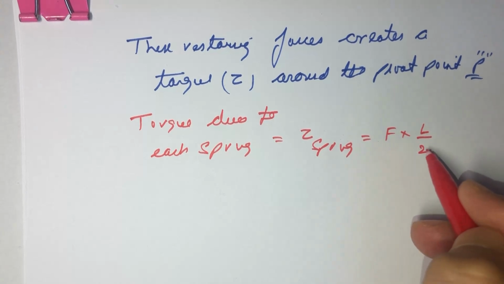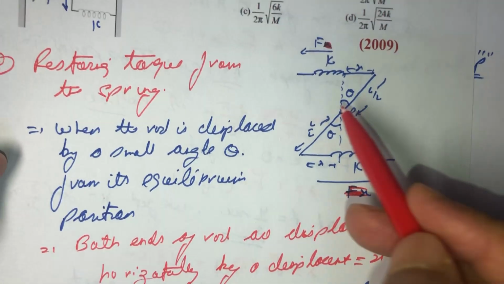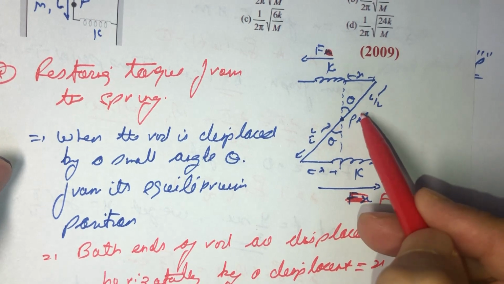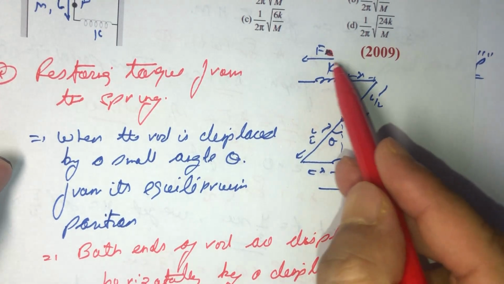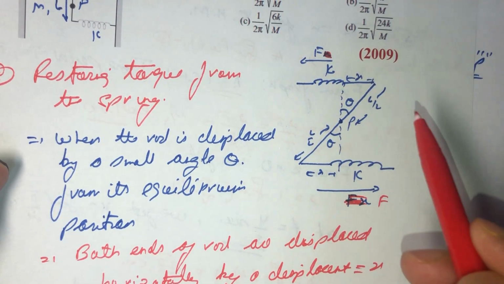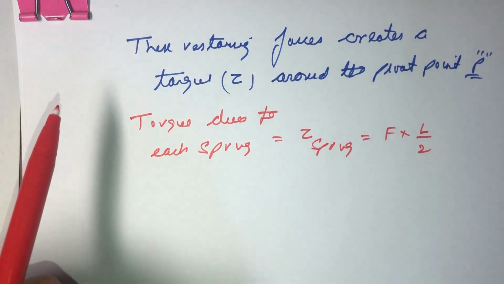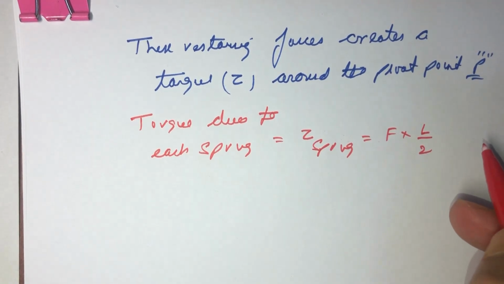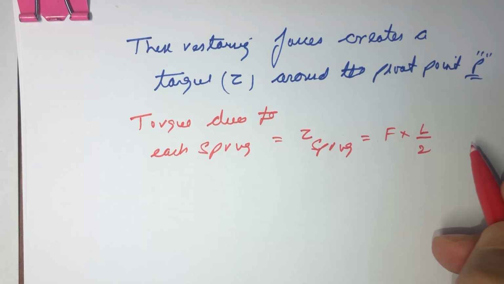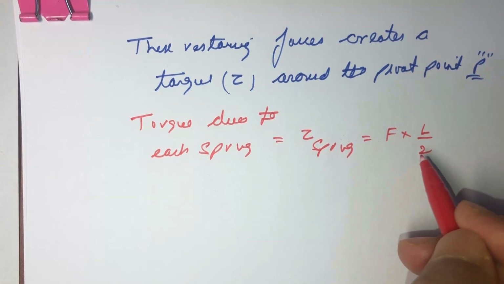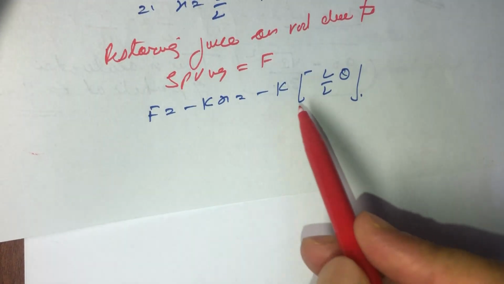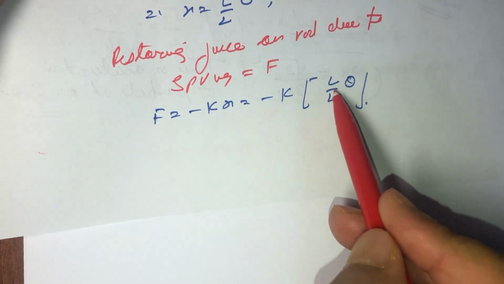So that is equal to F L by 2. So this is a pivot point, the distance is L by 2, and we have a force F. So torque is equal to force into L by 2. We already know the value of force which we calculated: force is equal to minus k L by 2 theta.